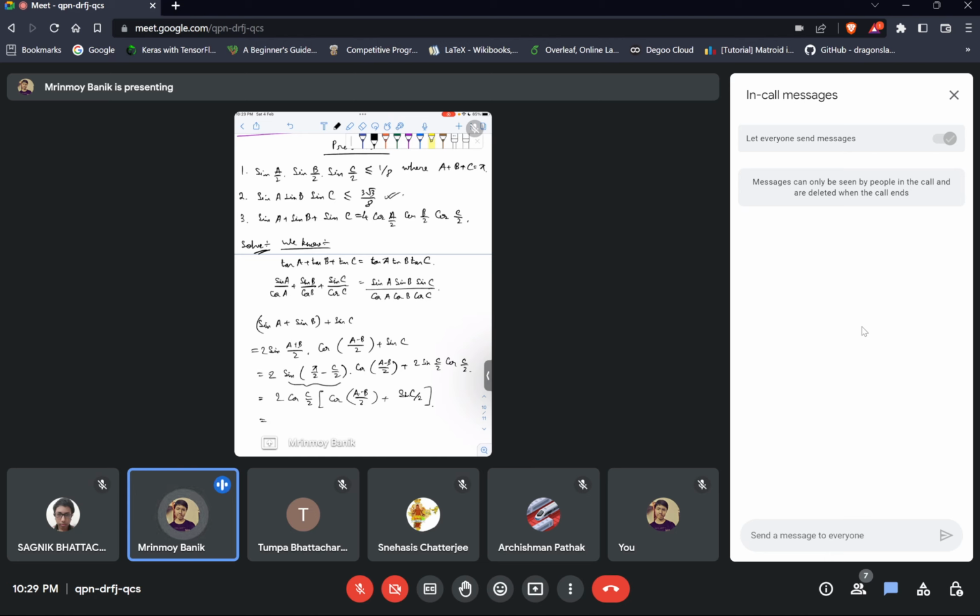Now you can again write sine C by 2 as cos (A plus B) by 2.